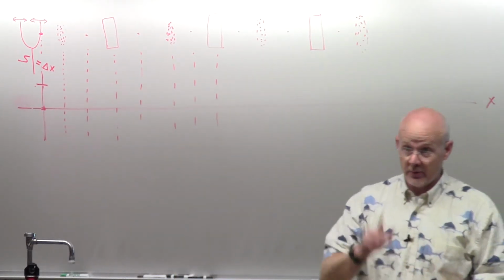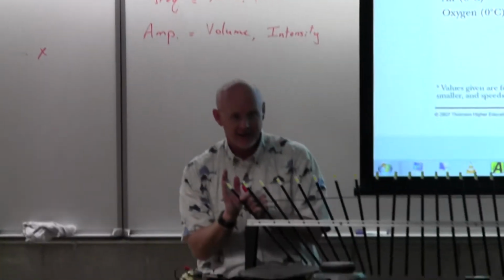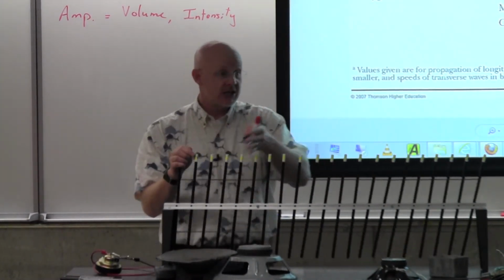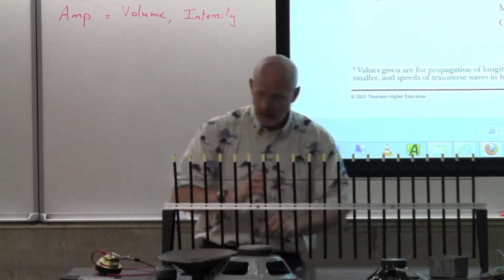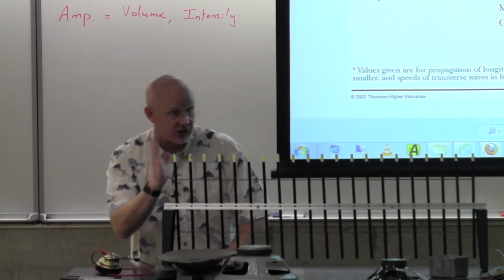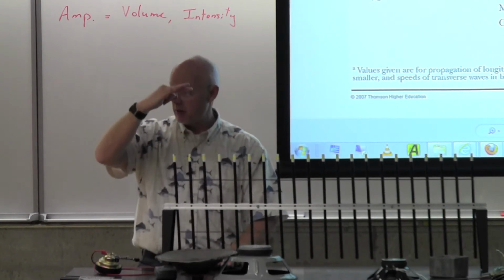Please remember, though, the molecules move in the x direction. But so that I can talk about the x position of the wave separately from the x position of its vibration, I will plot the vibrations this way.